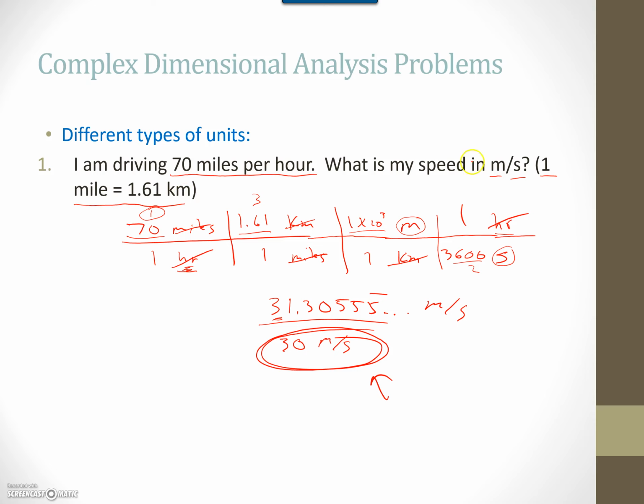The conversion I was given put me in kilometers. So I went miles to kilometers first, then kilometers to meters. That gave me the units I wanted on top. There's my meters taken care of. Then I went from hours into seconds by putting the hours on opposite sides of the fraction and using that conversion I figured out on the last problem on the previous page.